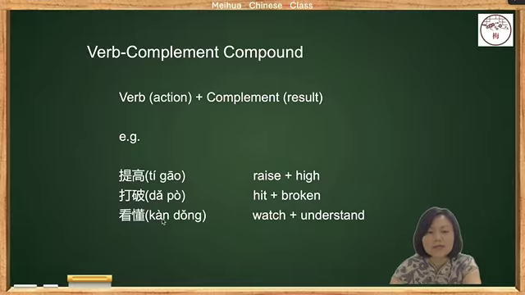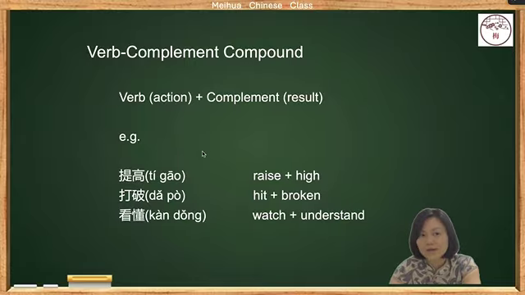The second character is 懂. 懂 means, here actually you can think of it as adjective. Watch something and become familiar with something. So be familiar with something. That is the complement, right? That is the result of the action. So this is a verb complement.